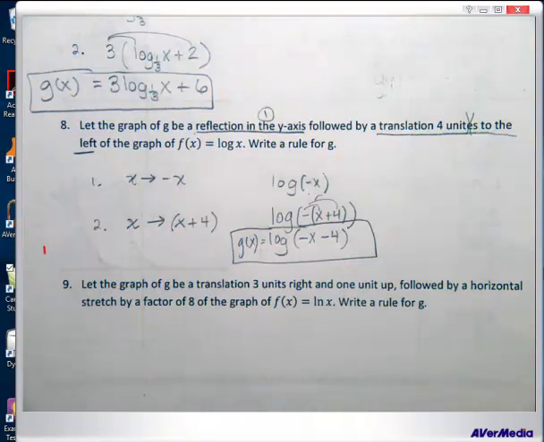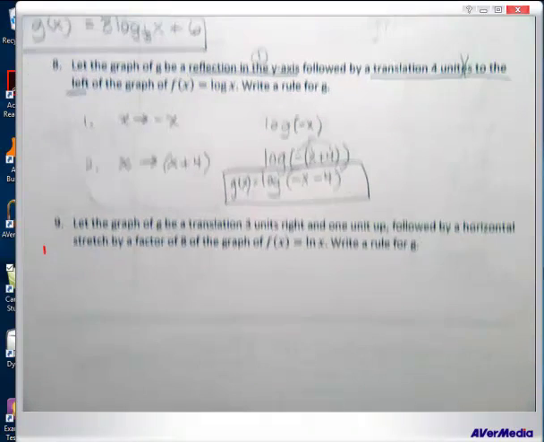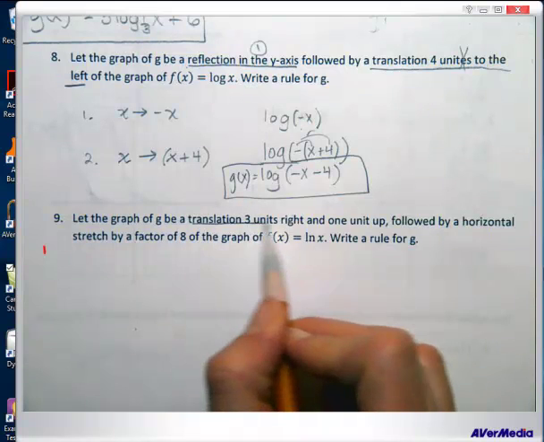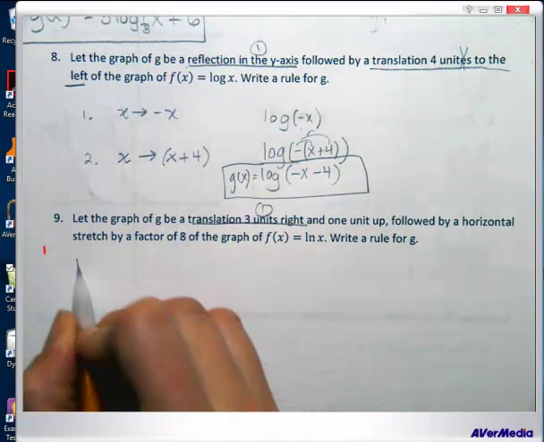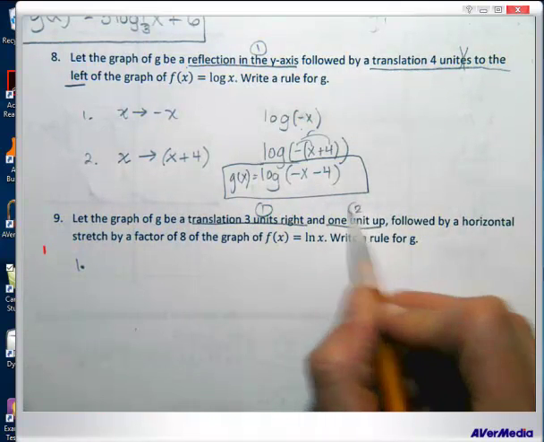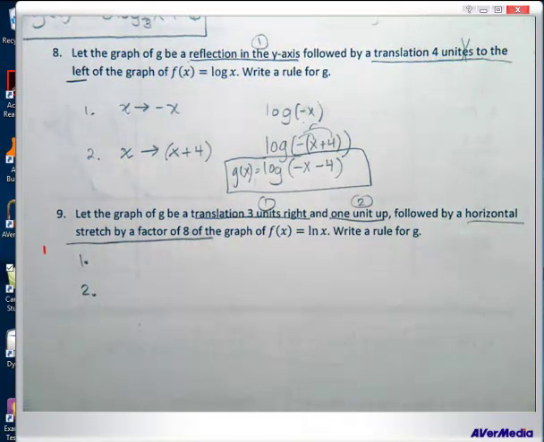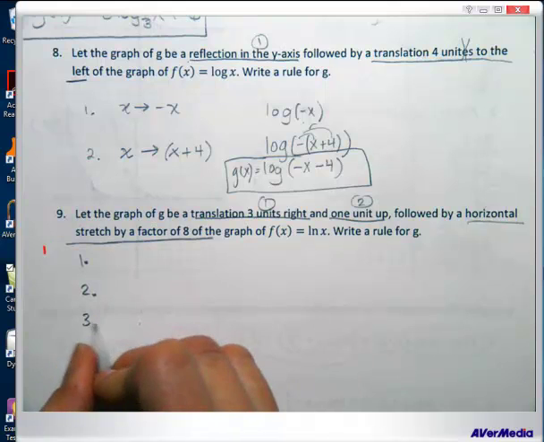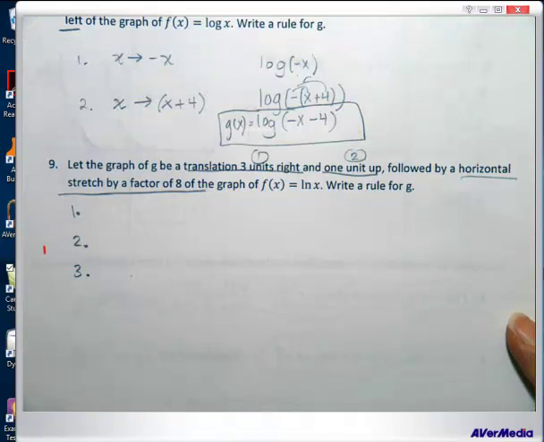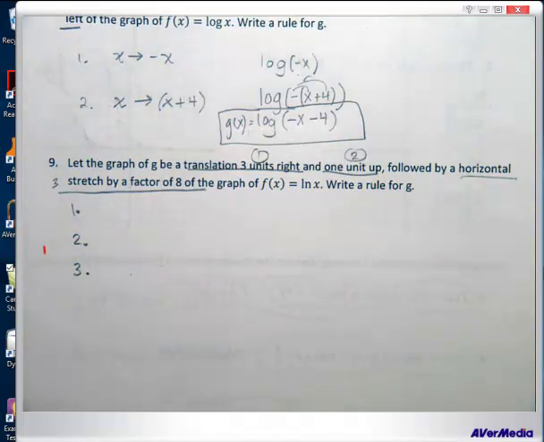Okay, number 9, let the graph of G be a translation 3 units right, 1 unit up, followed by a horizontal stretch by a factor of 8. So Elliot, what does the first part do?